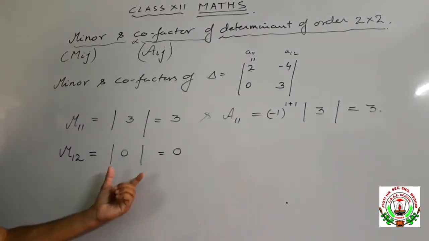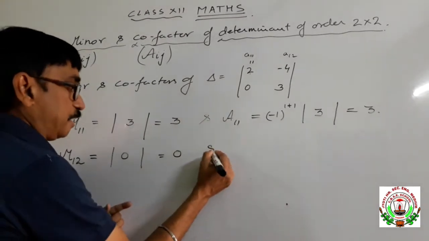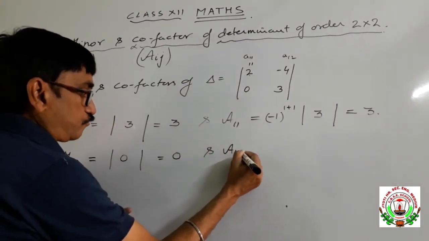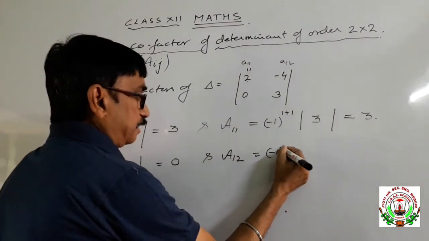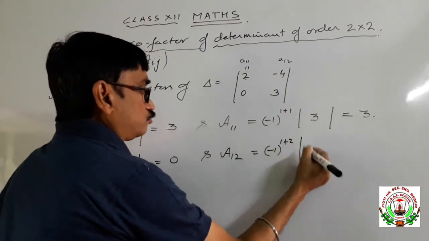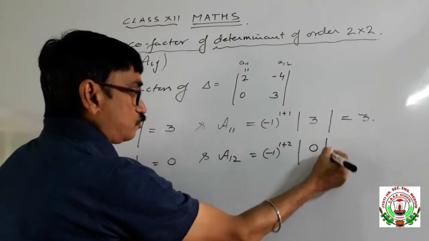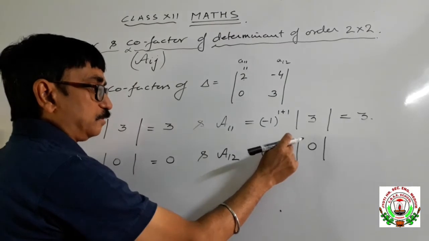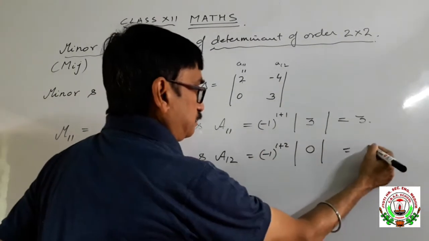It is a determinant of 0, not a modulus. Be careful. Now we calculate the cofactor of this element A12, which will be given by minus 1 to the power 1 plus 2. If we delete the first row and second column, we get 0.